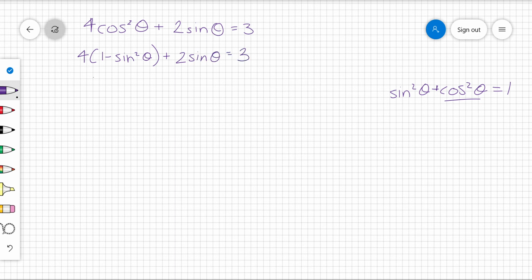So if I expand that out and also put the 3 on this side, or actually I might put everything on the other side because then I get a positive sine squared theta. So I've got 4 sine squared theta, negative 2 sine theta, and 4 minus 3 is 1, so negative 1 here.